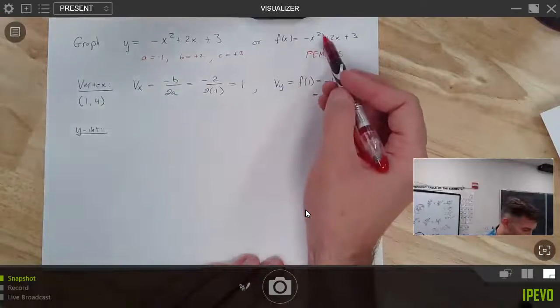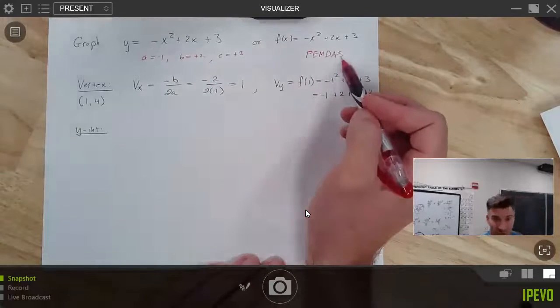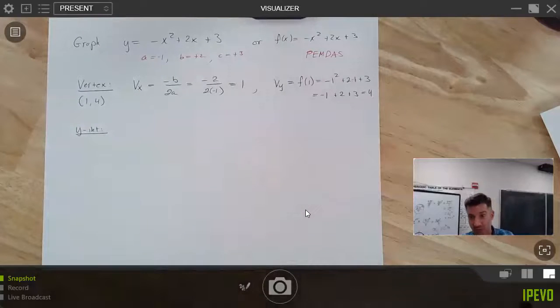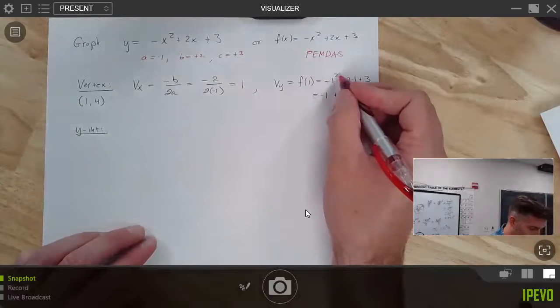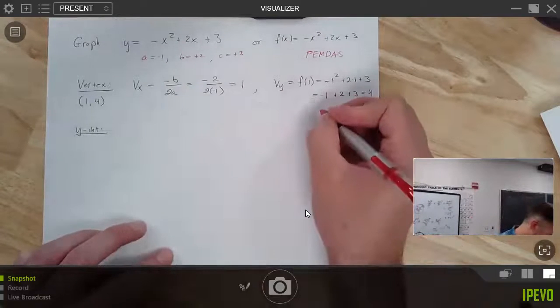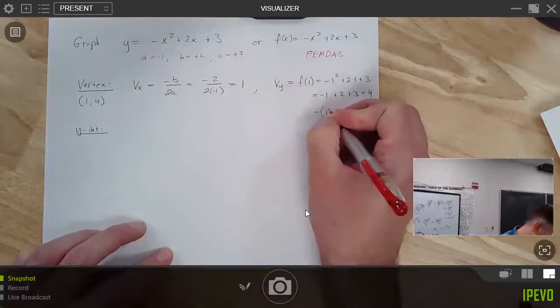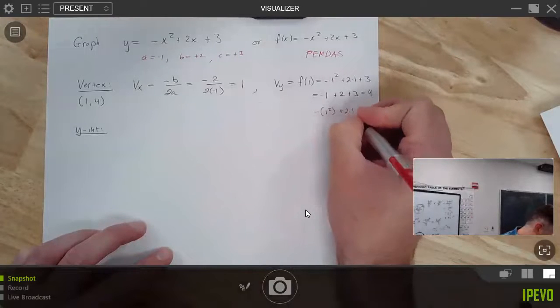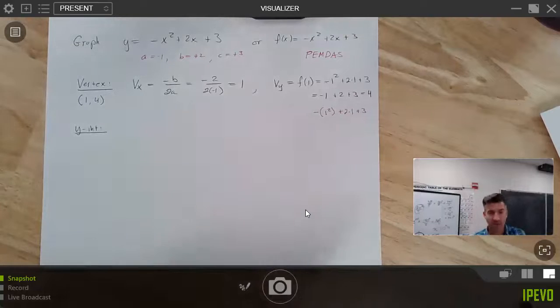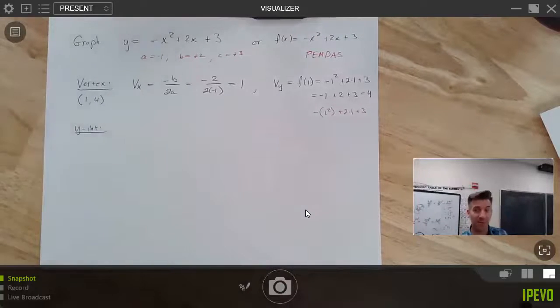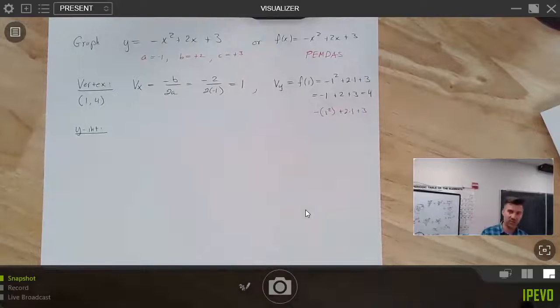So I'm going to do the squaring before I do the negation, because that negative sign in front is really like a subtraction sign. So it's really negative 1 squared plus 2 times 1 plus 3. That's why it's a negative 1 and not a positive 1. I know it's kind of annoying. You're used to saying that a negative number squared gives a positive, but it's not a negative number squared. It's a number squared and then negated afterwards, which is different.